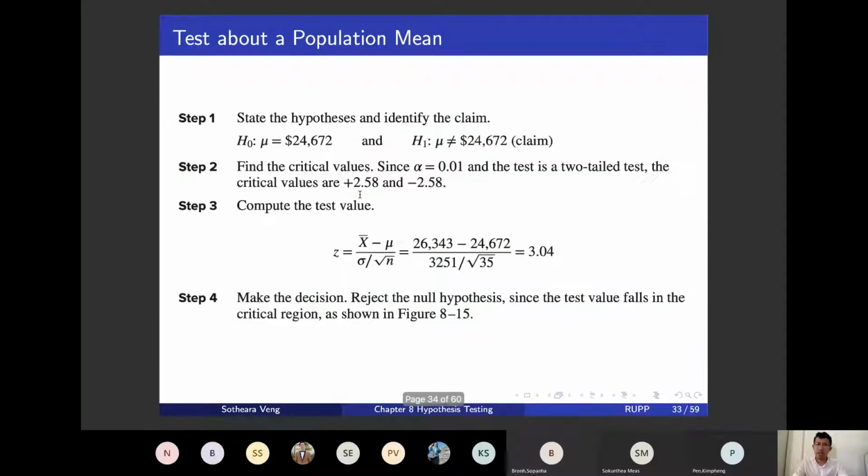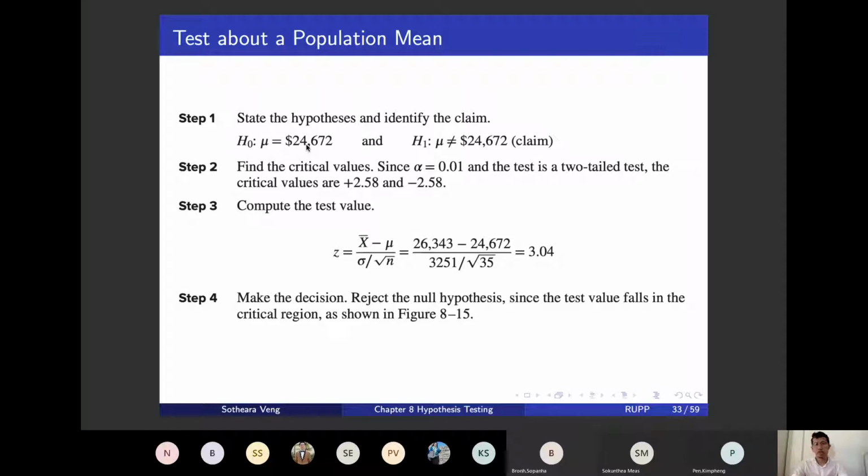That's why in practice, you resort to selecting a sample. So in this case, we're trying to find a sample to support whether our claim should be rejected or not, right?